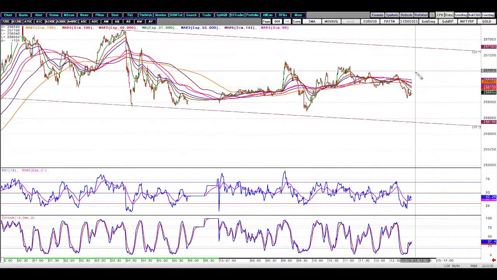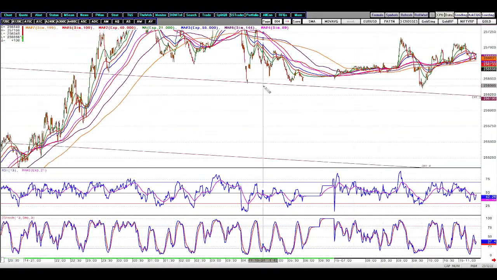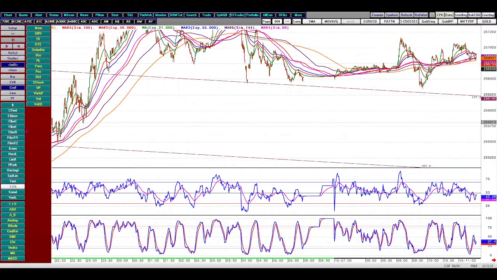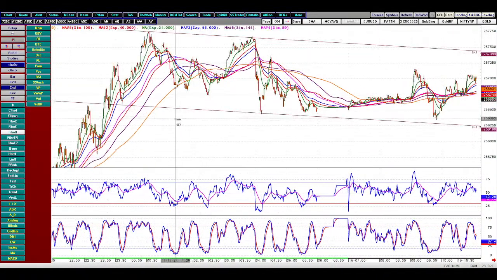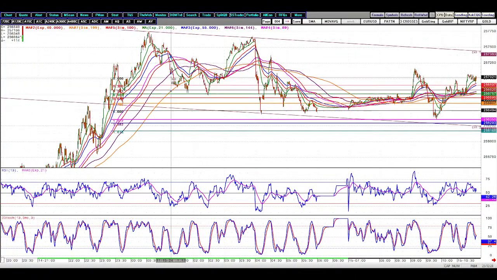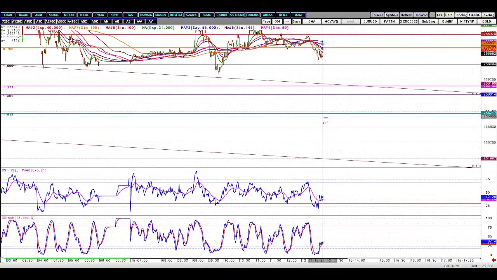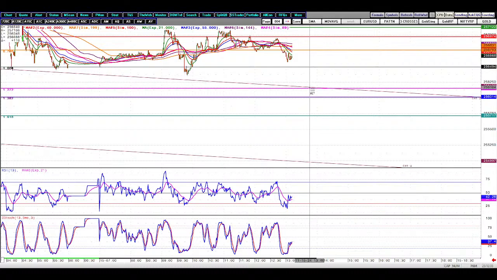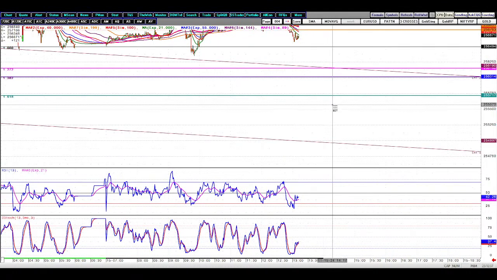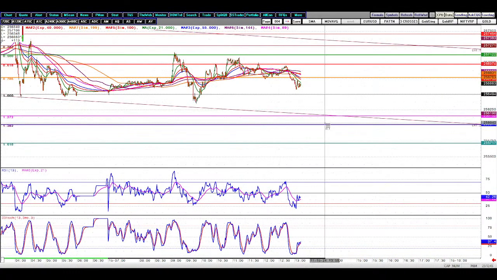So here, if you do a projection, comfortably we should see 61 and 58 or 57. If it breaks, then we may see 50, but the market should start to turn before that level.